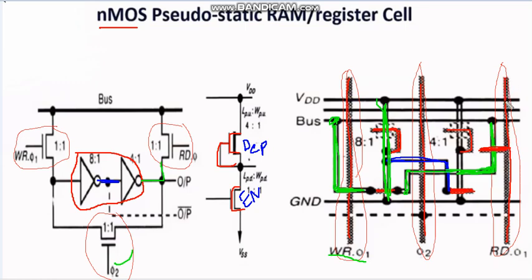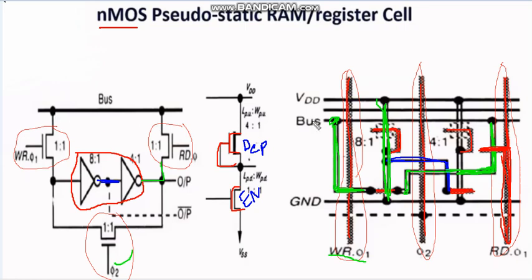This poly is a poly here completely. So here the poly is crossing the diffusion, nothing but the pass transistor of read here. The output of this one is connected here. This point has been connected here. So finally this path we have done.